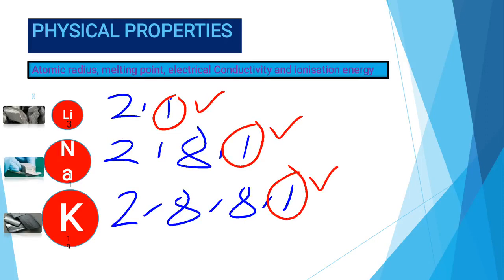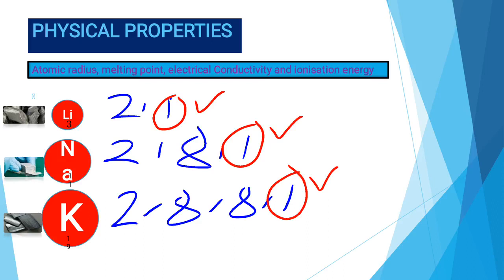Now, this electron being the one that is responsible for electrical conductivity means that the three elements will conduct electricity at the same rate from the fact that all of them have one electron available for electrical conductivity.